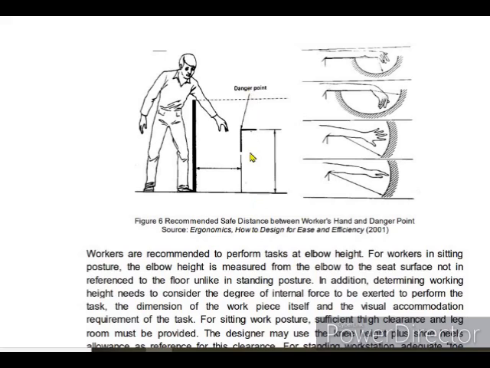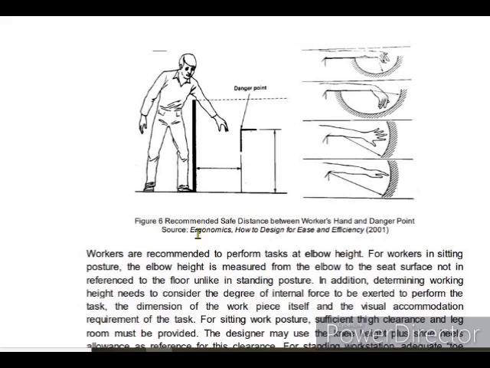This is the danger point, this box. Now, it is measured here from the toe to the elbow height, and of course the distance between the person's feet, or legs, to the danger point. That's how you measure it.